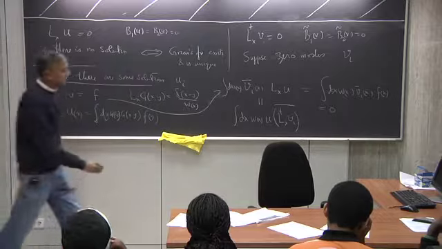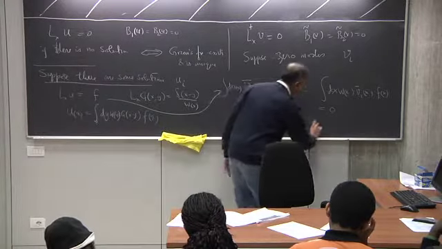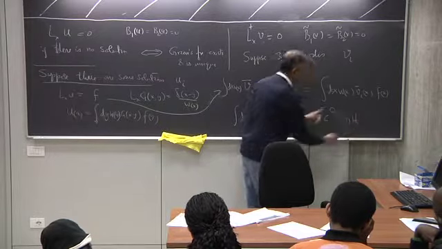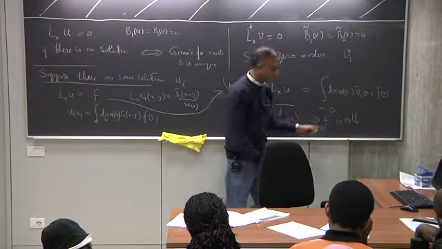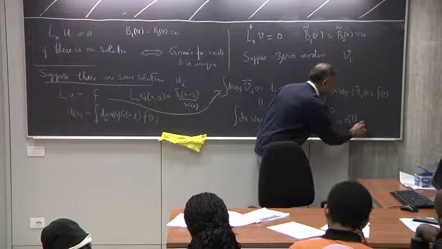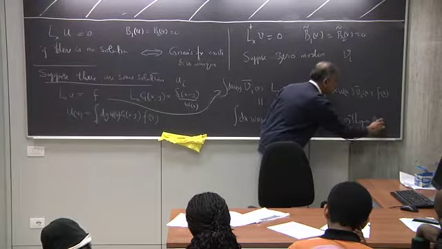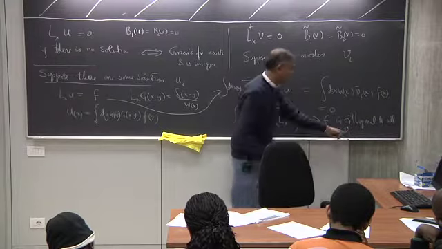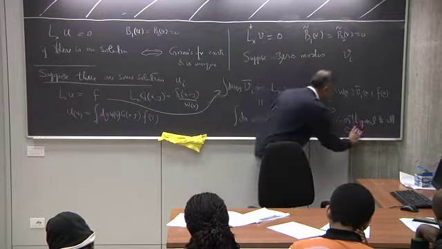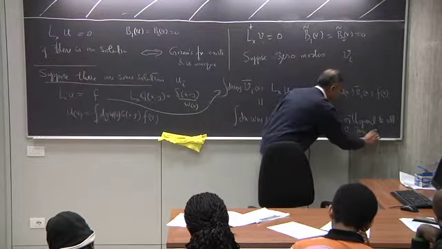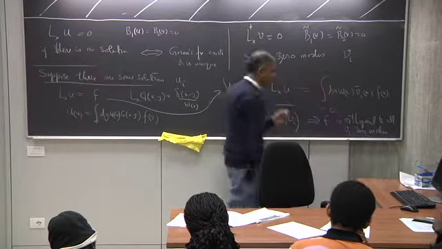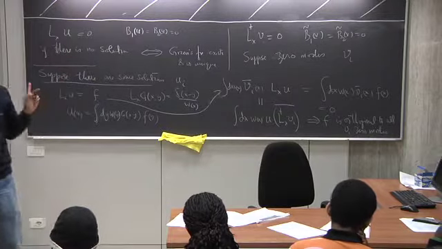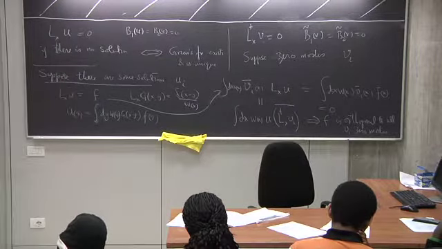So this implies that f is orthogonal, in the sense of the scalar product, to all the vi 0 modes. These are the 0 modes. So this is a necessary condition for a solution of this equation to exist.